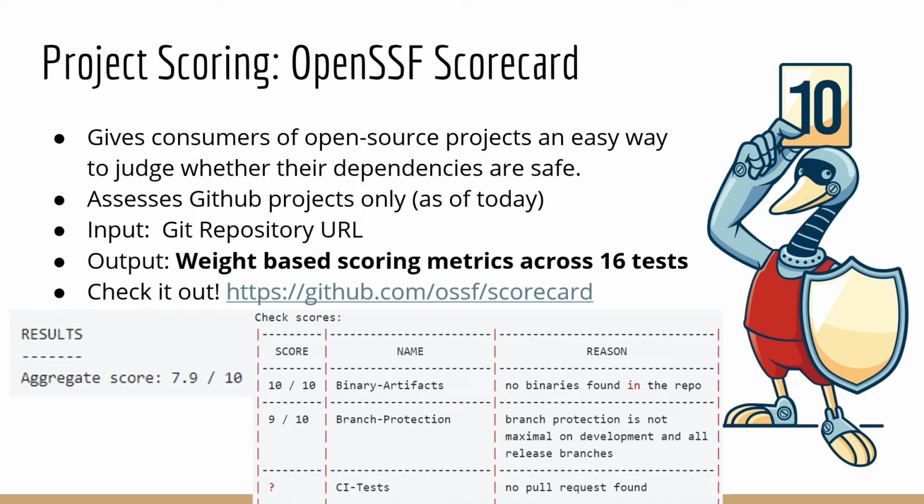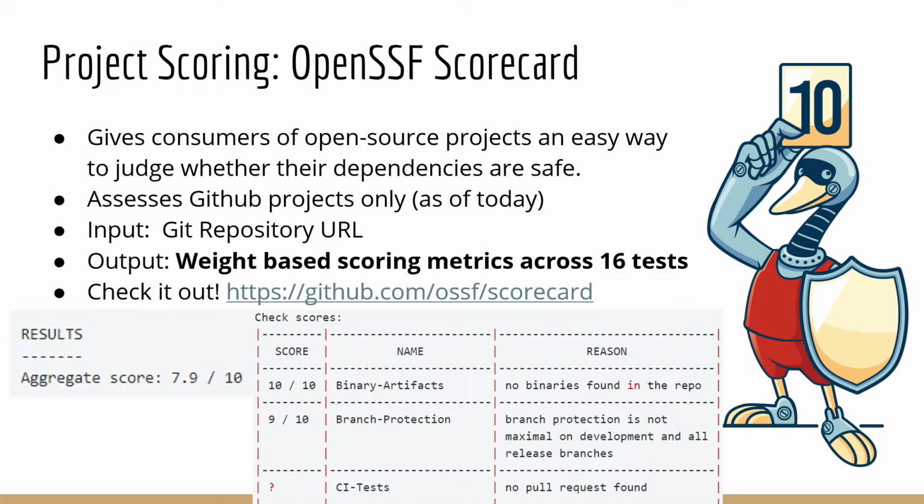And this is a really interesting solution from the Open Source Security Foundation. That foundation has a lot of different really awesome, interesting projects. I reference a few of them in the slide deck. But there's a project called Scorecard that allows you to input your Git repository, and the output is weight-based scoring metrics across 16 different tests.